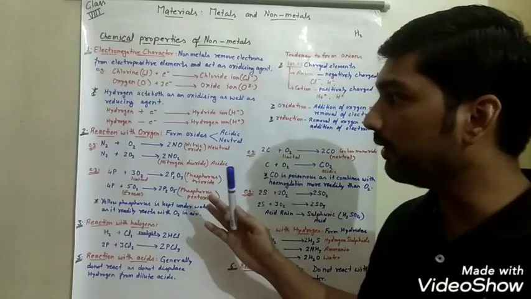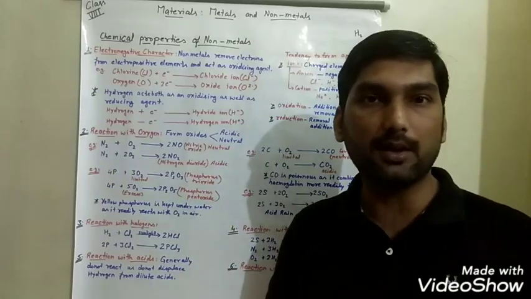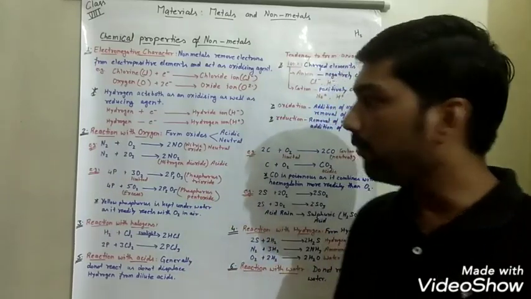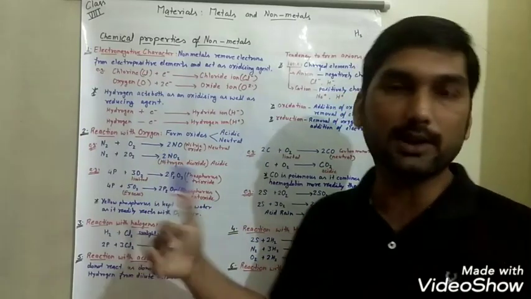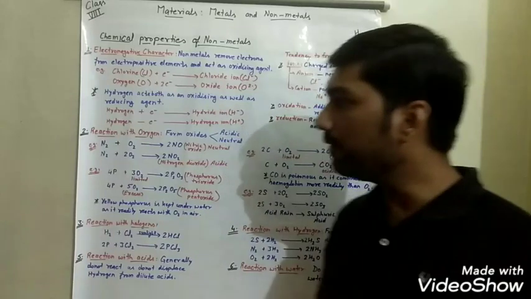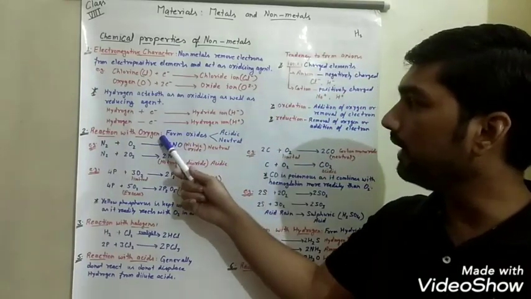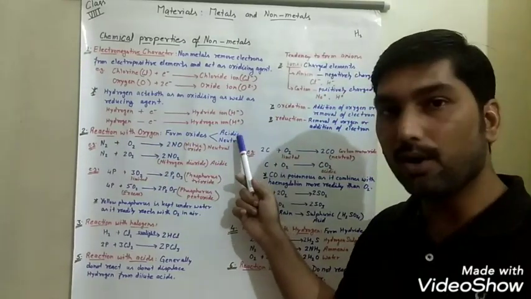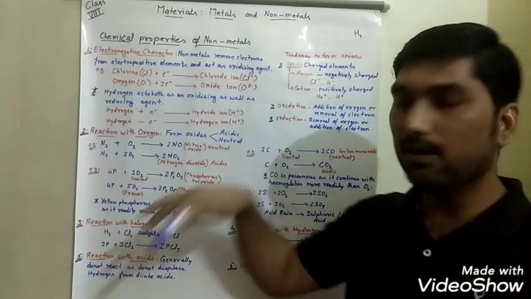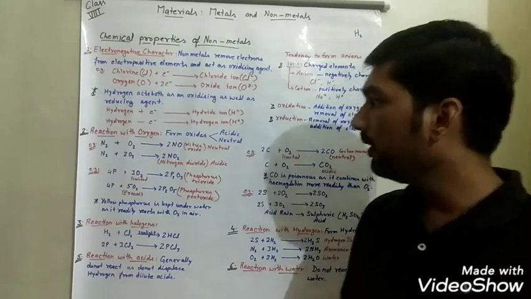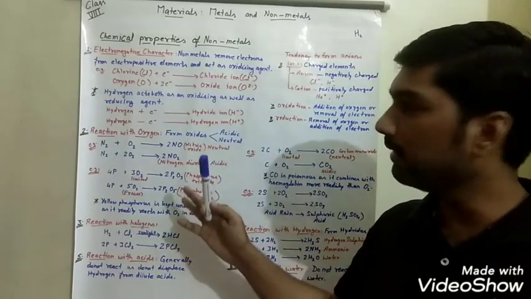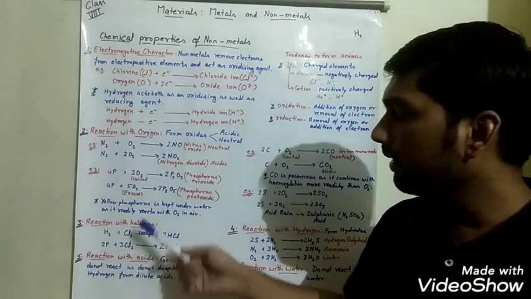And this is a question frequently asked in exams: what is the difference between the oxides of non-metals and oxides of metals? The oxides of non-metals may be acidic or neutral, but the oxides of metals are what? Basic in nature. So this is another difference between metals and non-metals.